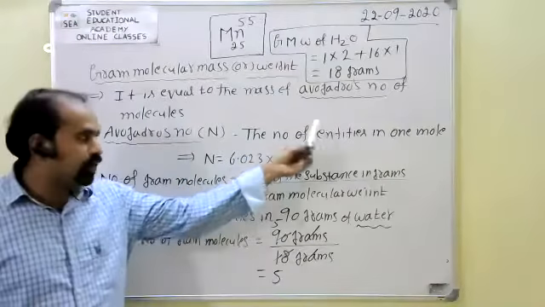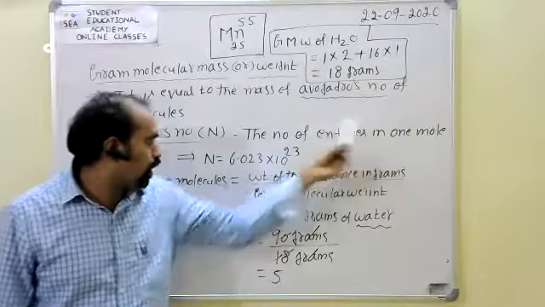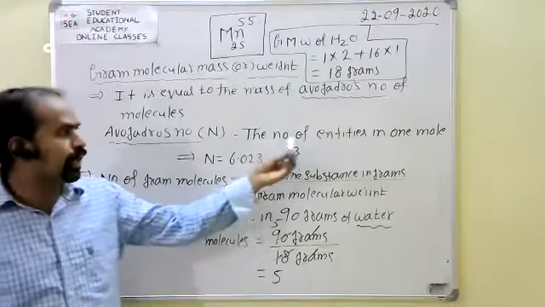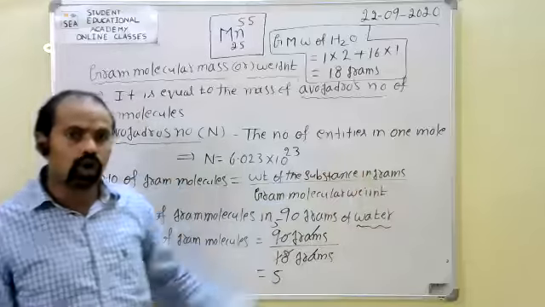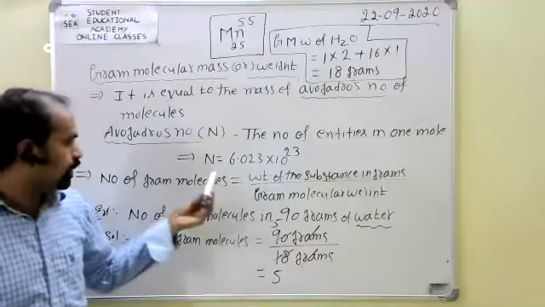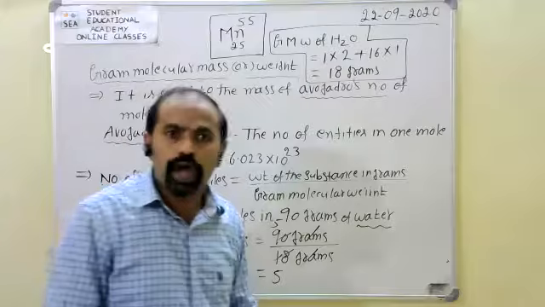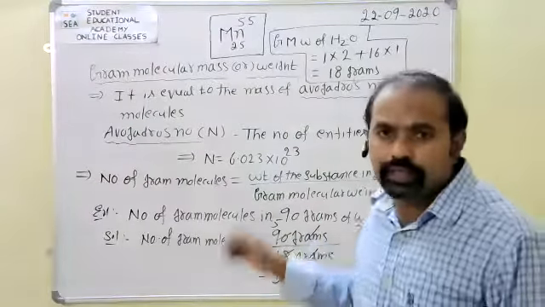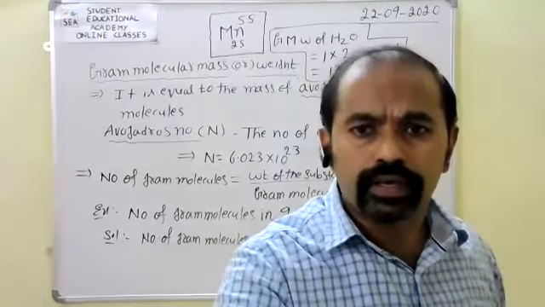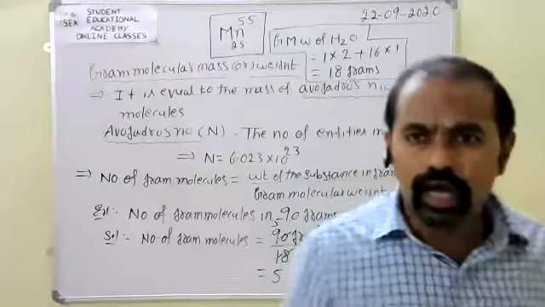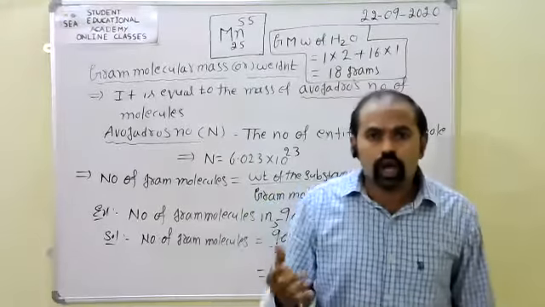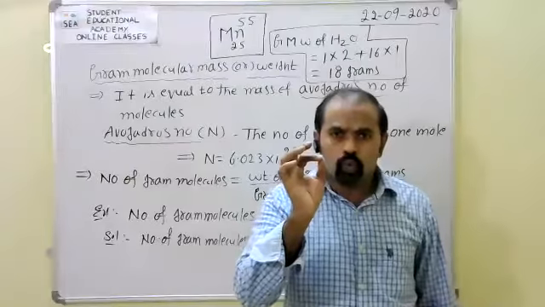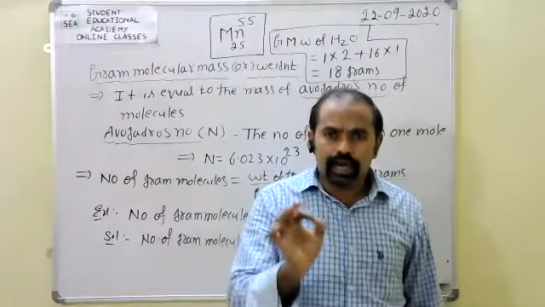The number of entities in 1 mole of substance, otherwise, the number of entities contained in 1 mole, is called Avogadro's number. That is equal to 6.023 into 10 power 23. Entity means these may be atoms or molecules or ions or substances, whatever. So one mole contains that number.